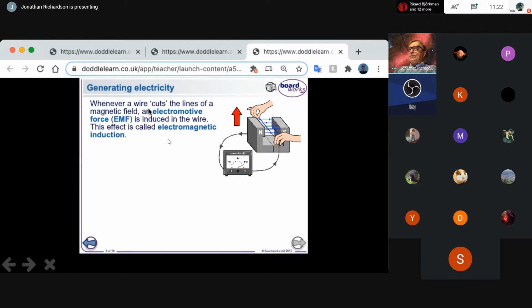In this example, we have no current, we have no battery, we have no source of power. But if we place this coil of wire or this conductor here inside the magnetic field, every time the wire cuts through the magnetic lines of force, it induces a voltage in this meter.